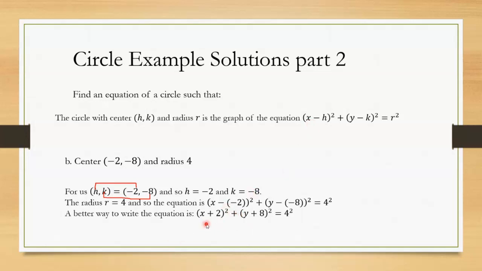So if I happen to give you this equation, the center would not be 2, 8. It would be -2, -8. You want to make sure when you read off the center, you have minus a negative, if that makes sense. x minus something. And if you have addition, you could think of that as minus the negative. Same thing over here.